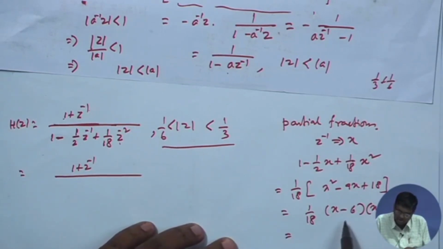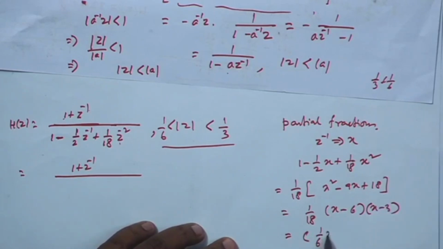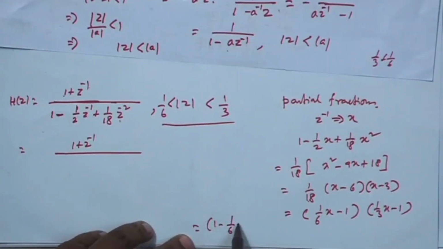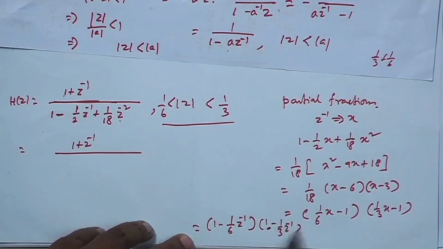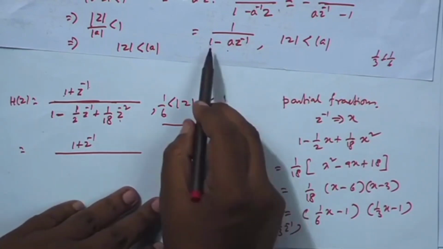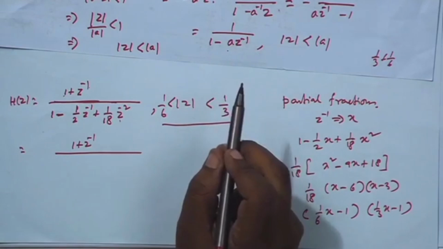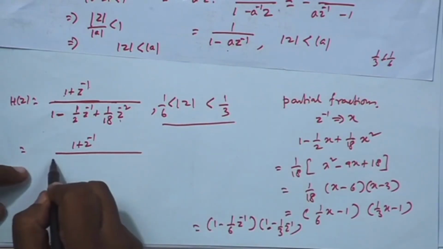You can take 1 by 6 inside, and 1 by 3 here, so it will be 1 by 6 x minus 1, 1 by 3 x minus 1, and then equivalently 1 minus 1 by c x, taking minus out, and x is Z inverse. We always prefer this kind of form, a constant and then something into Z inverse, not in terms of Z. So, this is the factorization.